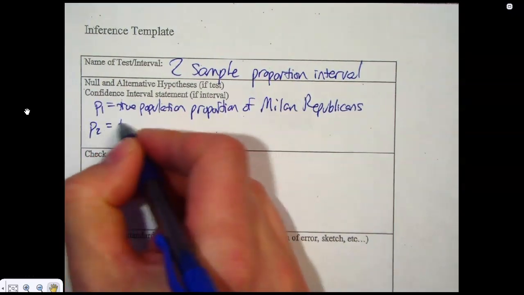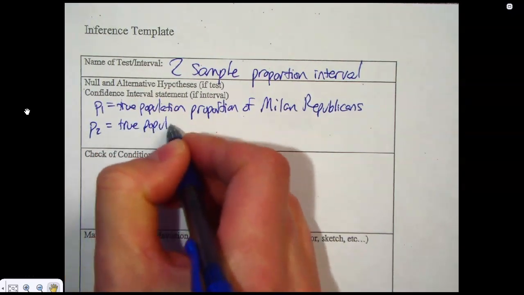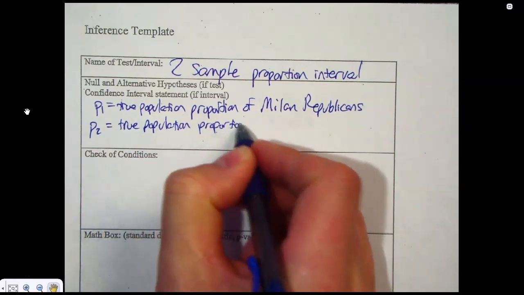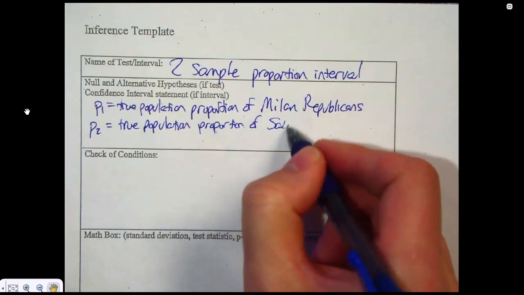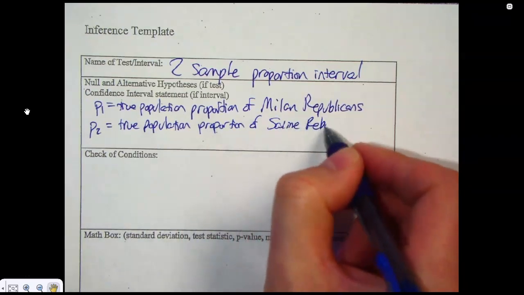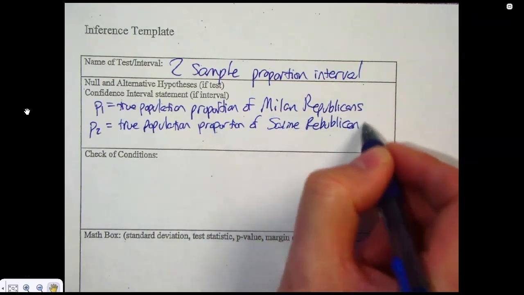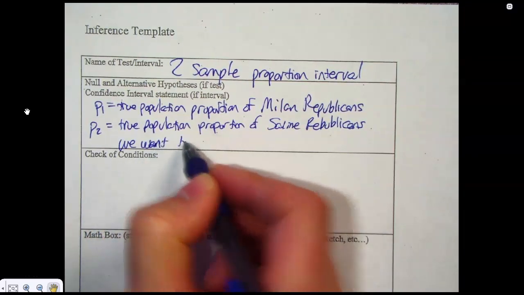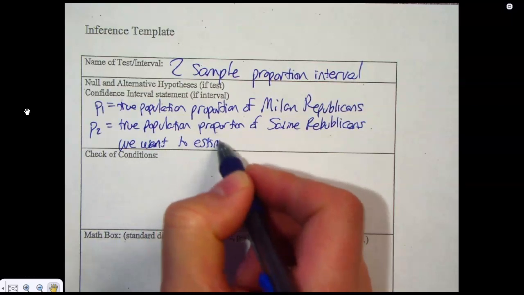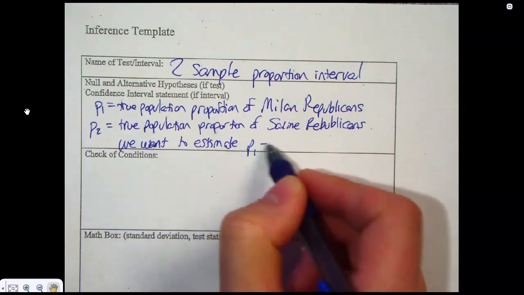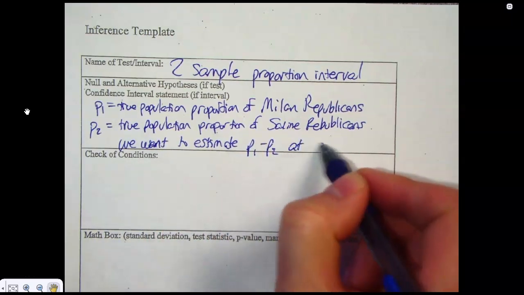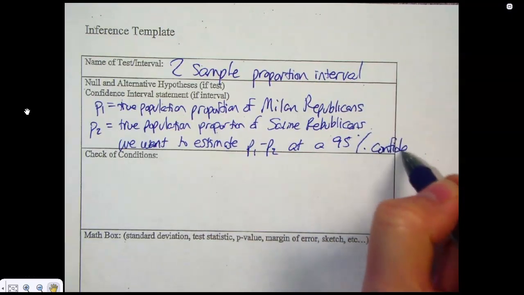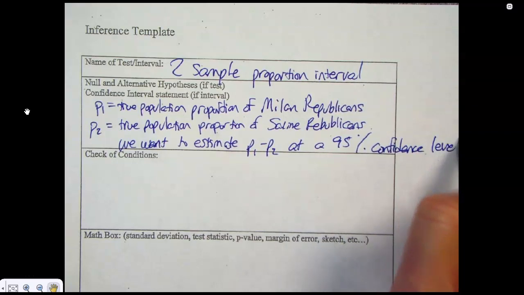And then P2 equals true population proportion of Saline Republicans. And what we want to do is estimate P1 minus P2 at a 95% confidence level.